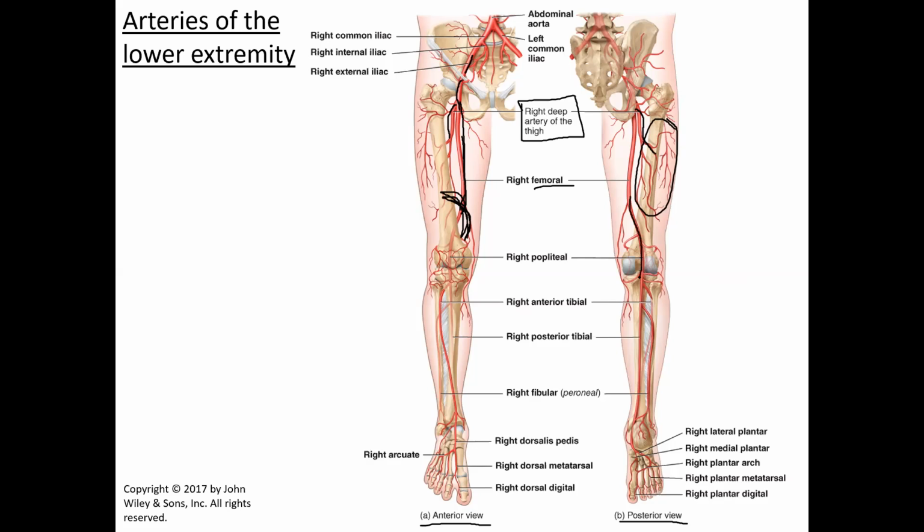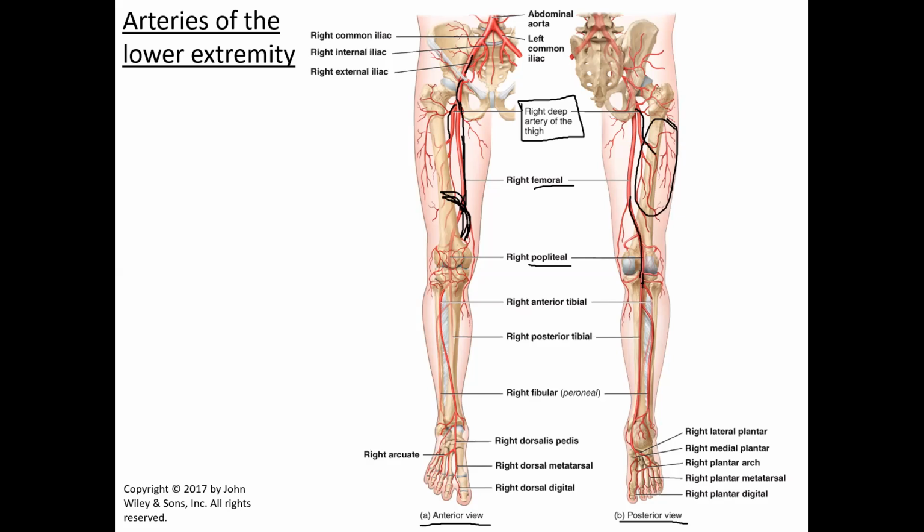It's going to cross right behind the knee and change names to the popliteal artery. We're going to have lots of branches here to supply the knee with arterial blood. And then once that artery passes the popliteus muscle, which is just inferior to the knee, we get a name change and a split.